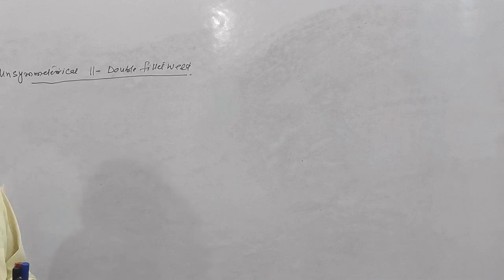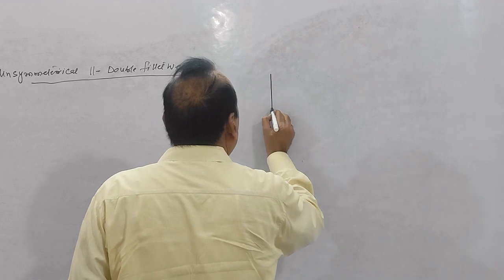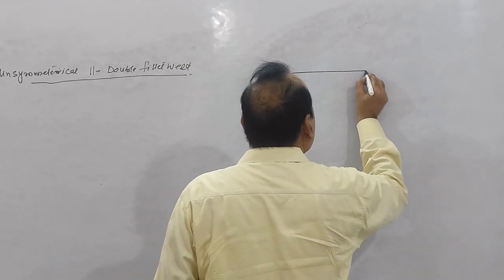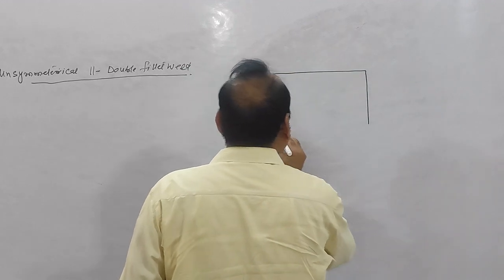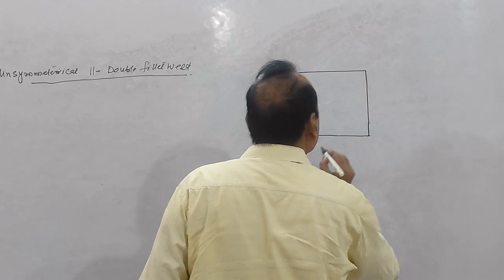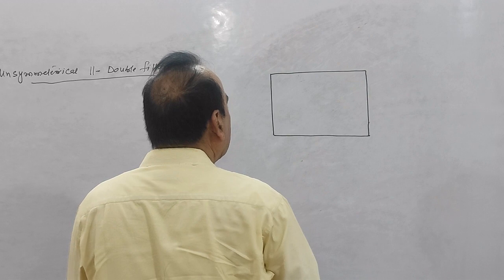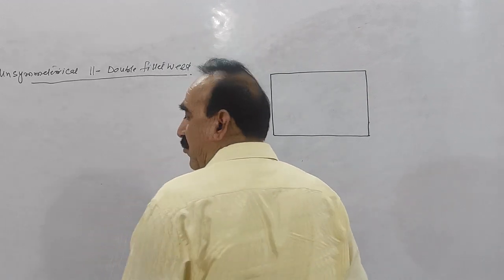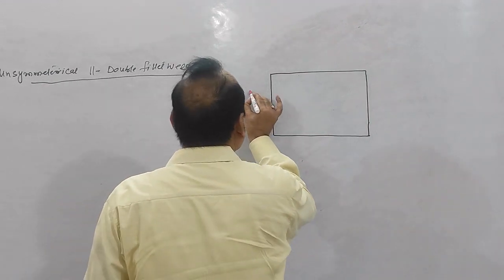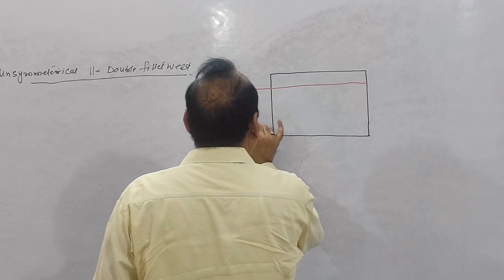Actually, what you have seen in the problems there, suppose this is your plate number 1. First, I want to draw the diagram so that you can understand it well. This is your plate number 1, right? And here is your plate number 2.